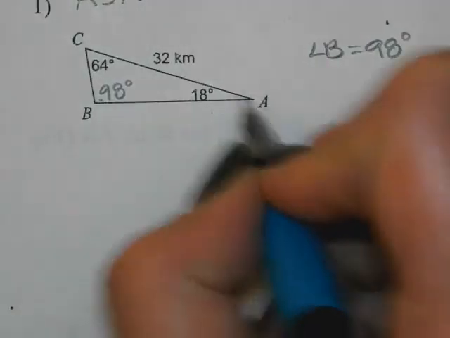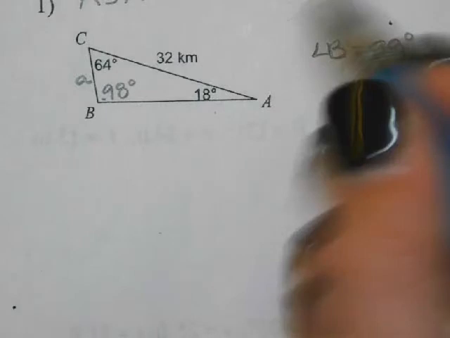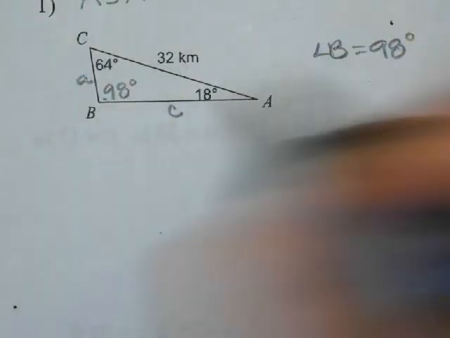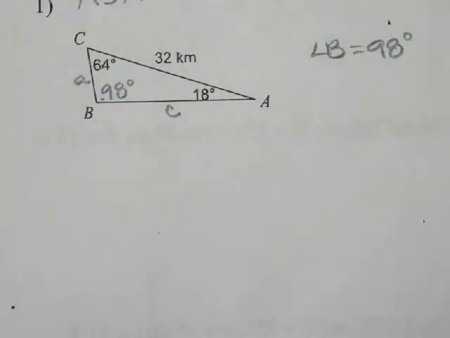And then it looks like we're missing side A and we're missing side C. So what do we do now to find side A and side C? We have to have something to cross multiply before we can do that, though. We have to set up the law of sines. And with the law of sines, what do we always start with?